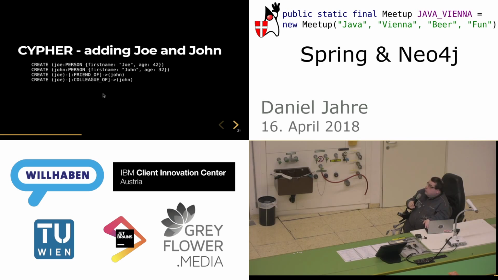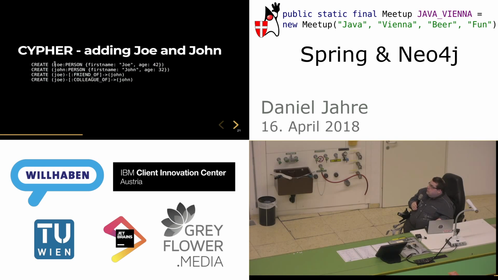If we remember the picture I had before, we created Joe and we put the label Person on him. We can interpret this as a type, but it's more than that. But it's easy to think of it as a type. And it has attributes. The first name is Joe, and some age. And we do the same with John.